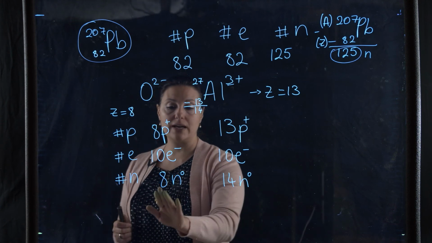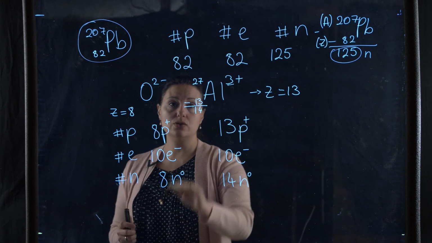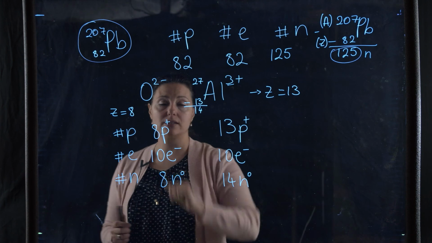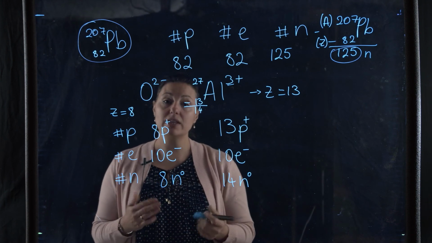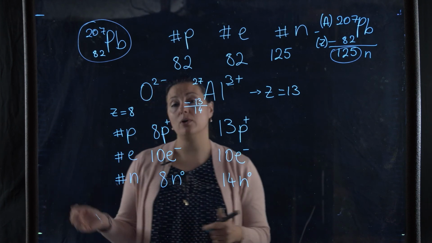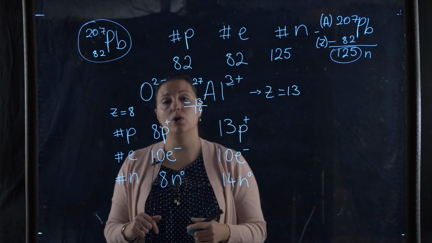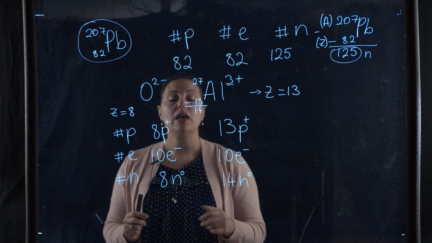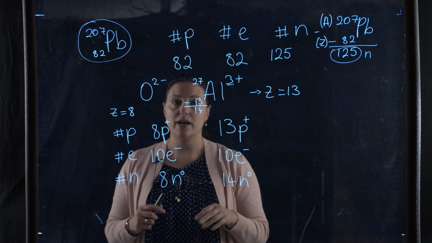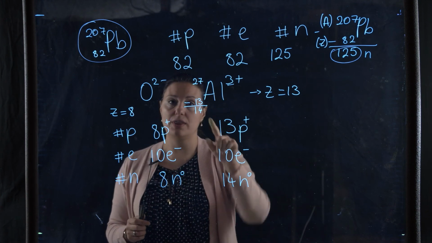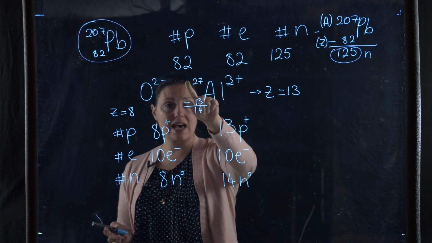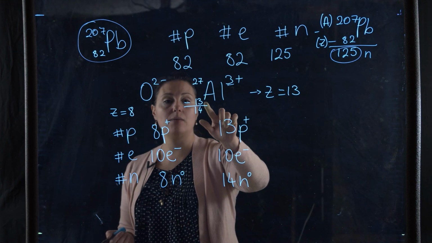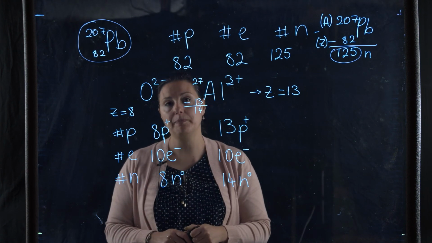And then to calculate the number of neutrons, you take the Z, the atomic number, and you subtract it from the atomic mass. Typically, the atomic number in the periodic table is above the element symbol, whereas the atomic mass is below the symbol. They're backwards there, but in this notation, remember that the larger number, which is the mass, is recorded on top, and the smaller number, which is the Z, the atomic number, is at the bottom.